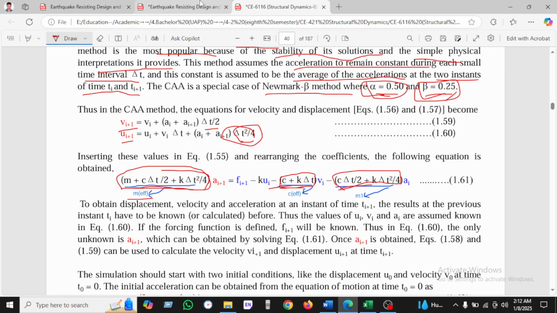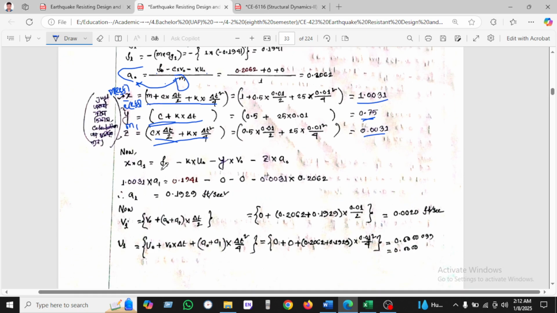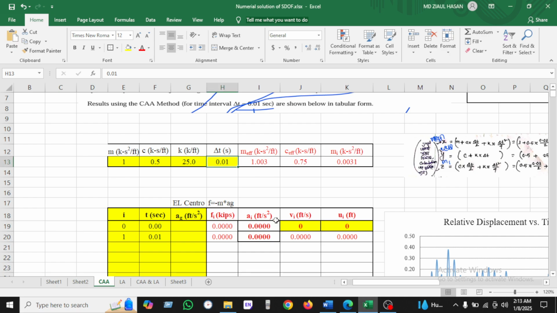Let's see how we'll solve the question. Now if we put in these values, we find A1. M effective, A1, and F1, K, U, delta U. Y means C effective, and Z means M1 and C1, and in this way we find A1.